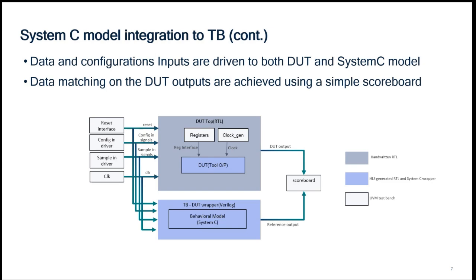For the output, we can check using a simple scoreboard, with a one-to-one mapping between the output generated from the reference model and the design output. At this level, most of the time we may not find many issues, but these days the HLS tools are quite mature.